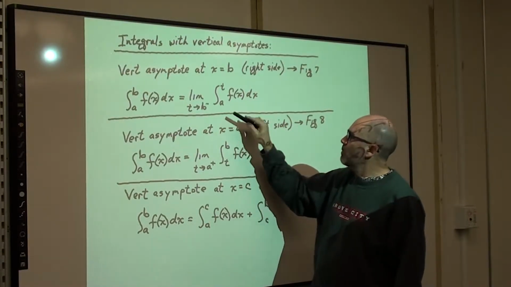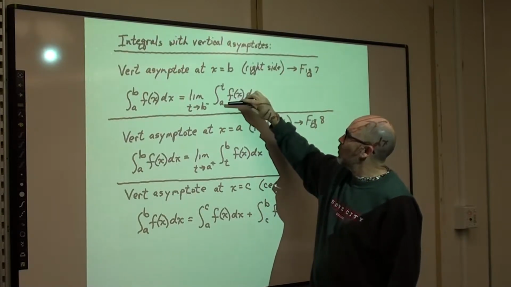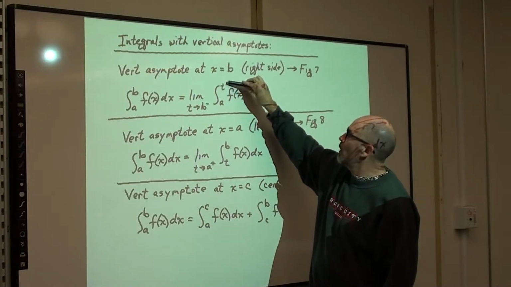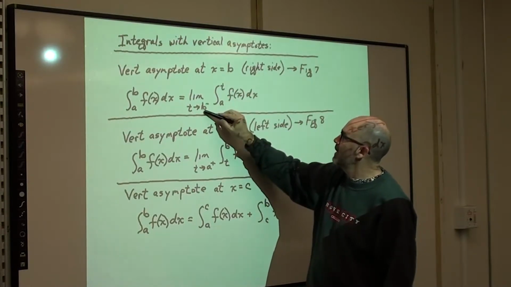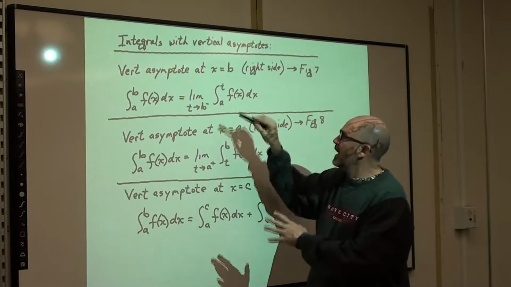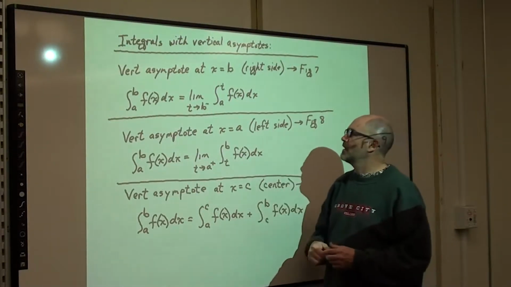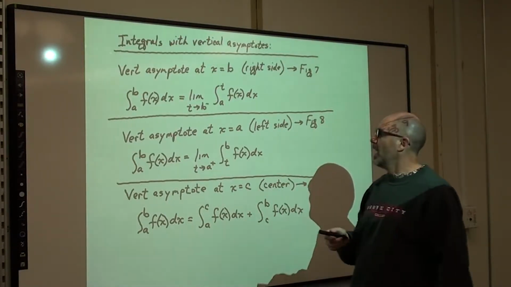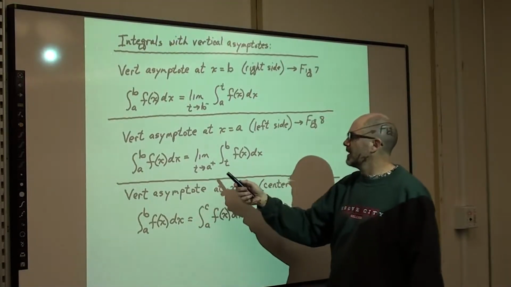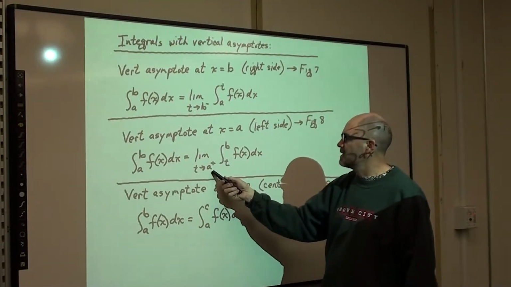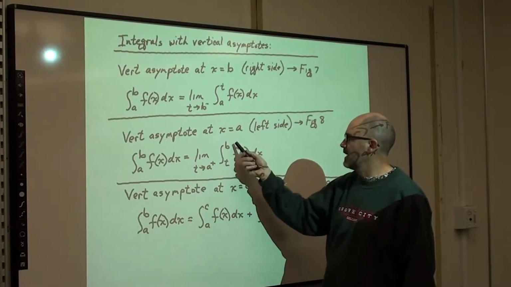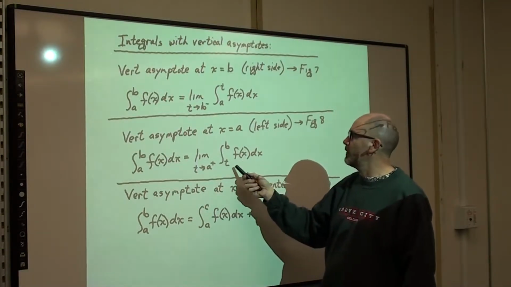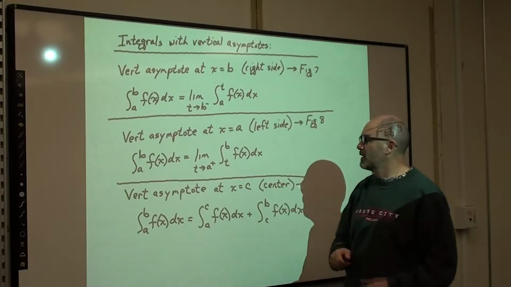So now we're basically going from a finite point a to some asymptote on the right side. Now, if our asymptote's on the left side, like figure 8, then the integral is going to be the limit as t approaches a from the right of the integral from t to b of f of x dx.